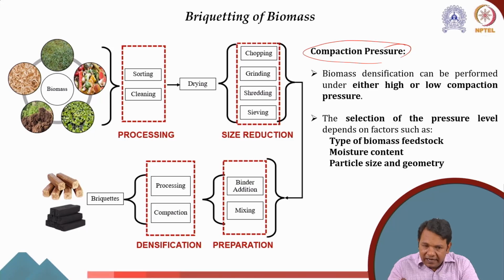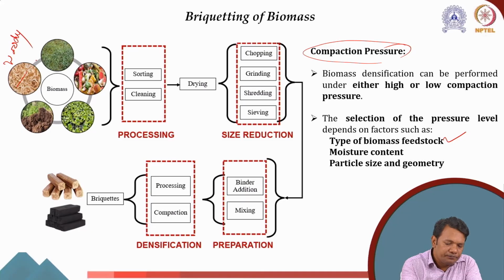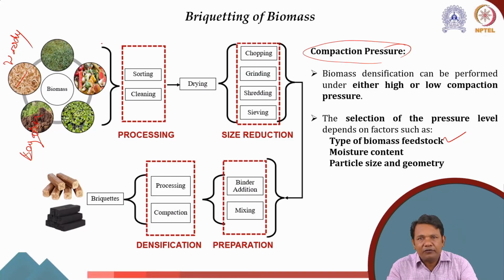Now, the selection of the compaction pressure level depends on several factors, and the first, definitely, is the type of biomass. So here, you may have woody biomass, bagasse or powder biomass, aquatic biomass, or municipal solid waste biomass.